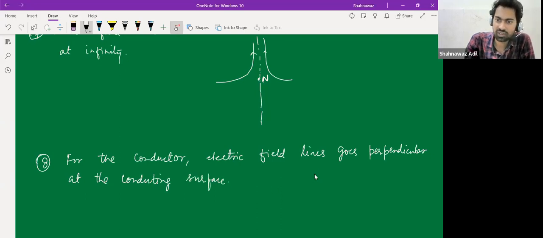So if you have, let's say, this conductor, and electric field lines are coming, they will fall perpendicular. This will not penetrate this conductor, right? But they will fall perpendicular and then come out of it perpendicular.